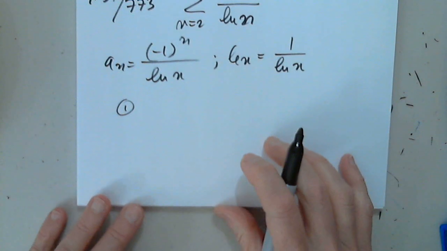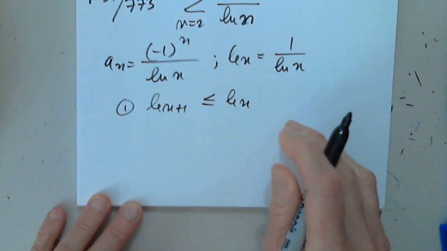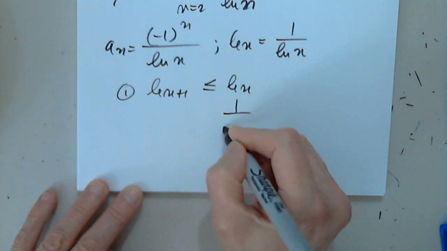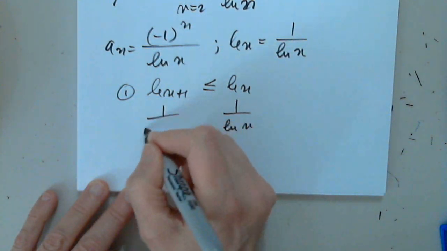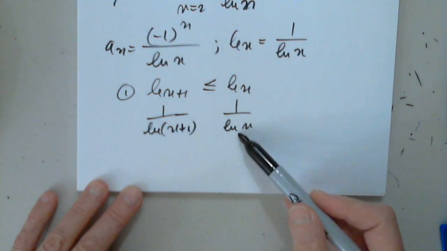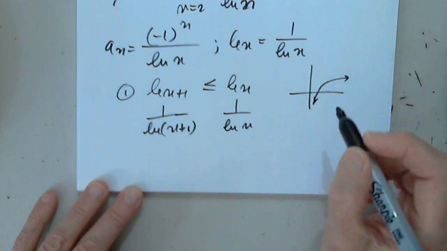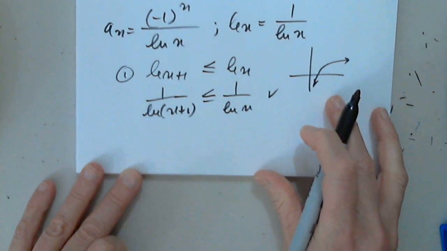So step number 1: is b sub n plus 1 less than or equal to b sub n? This is 1 over natural log n, and this is 1 over natural log of n plus 1. We know that this is bigger than this because natural log is an increasing function. So the first condition is fulfilled.